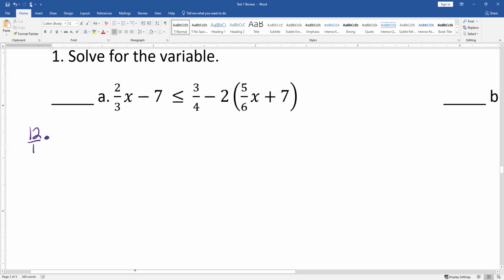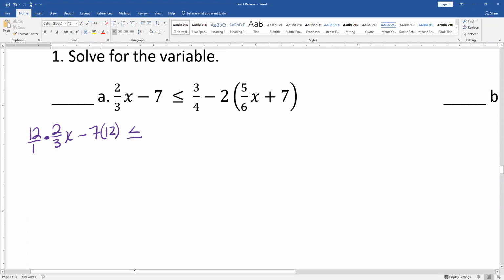So if you want, you can even make it 12 over 1 times 2/3 x minus 7 times 12, because anything separated by an addition or subtraction that's not inside parentheses needs to be multiplied times 12.